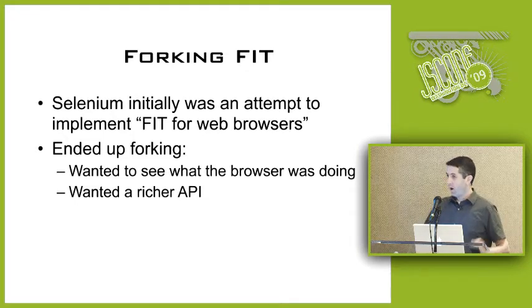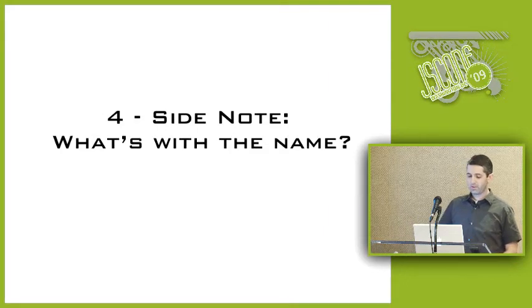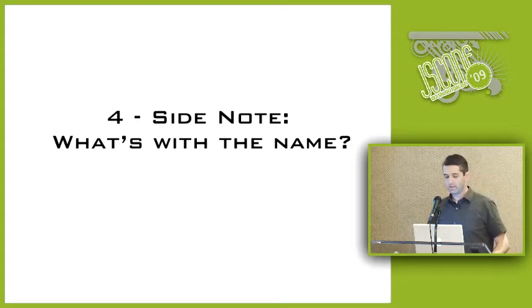And so out of all the things that we learned, originally it was JSFIT, and then we rebranded it to be Selenium. So, on that side note, what's with the name Selenium? Well, the company Mercury Interactive, they were acquired by HP last year. They're like the 400-pound gorilla in the corporate evil proprietary testing tools market.